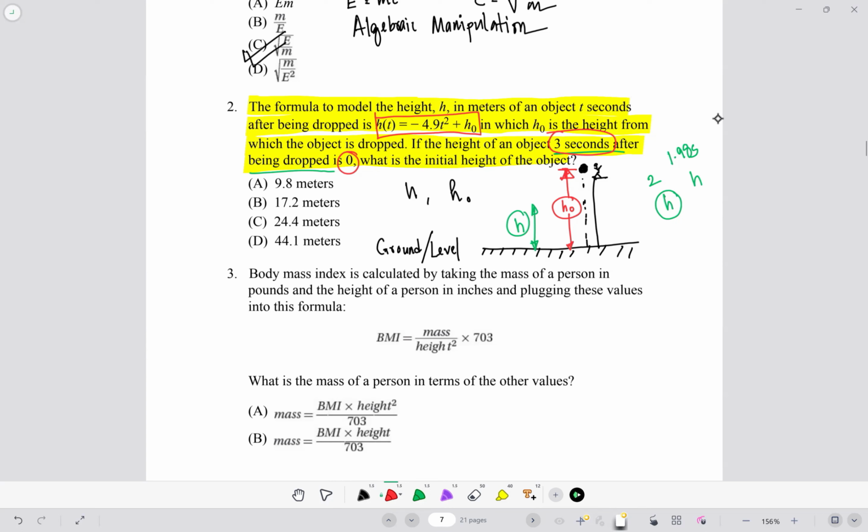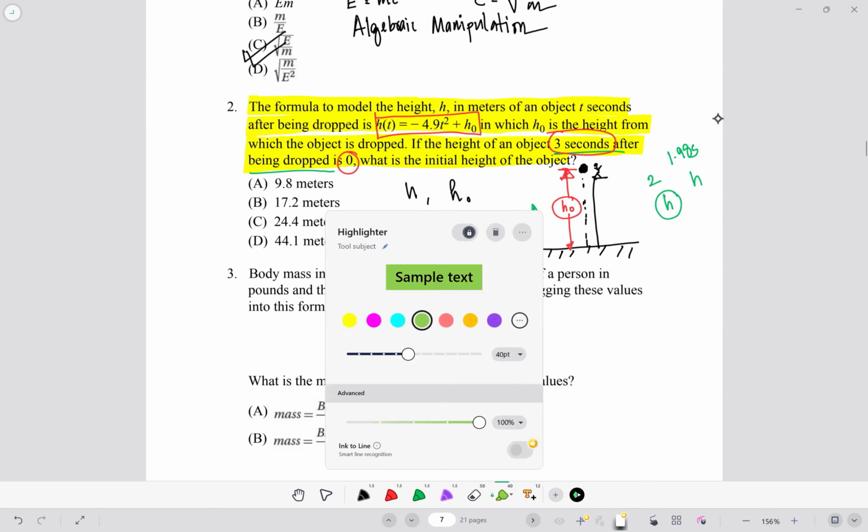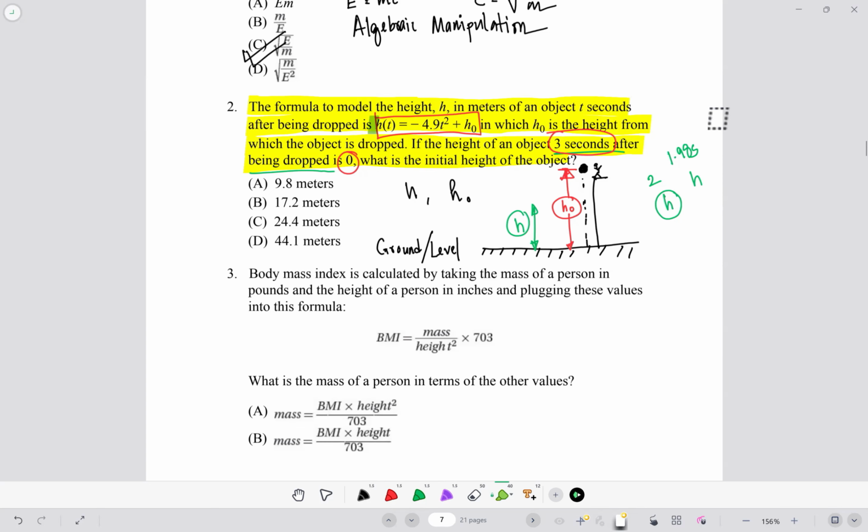Set up the equation and then put 3 in the H. Okay, so for this equation, what would be the value of H, T, and H naught?